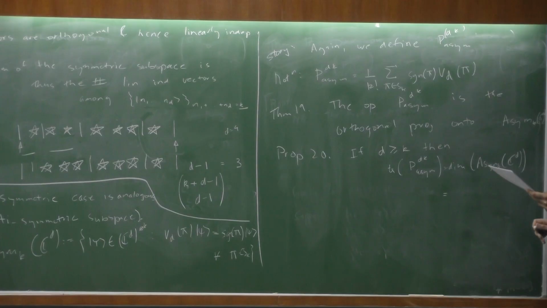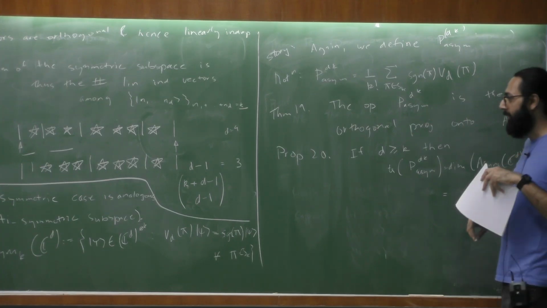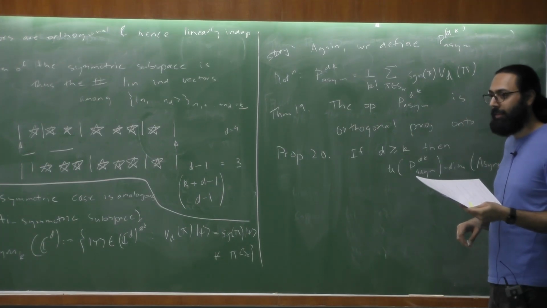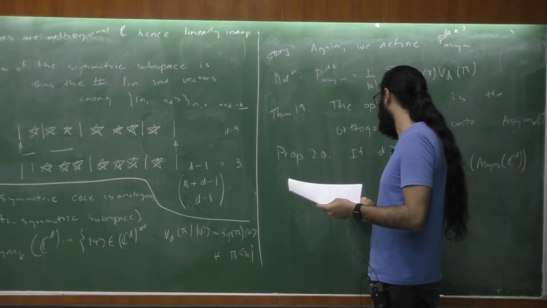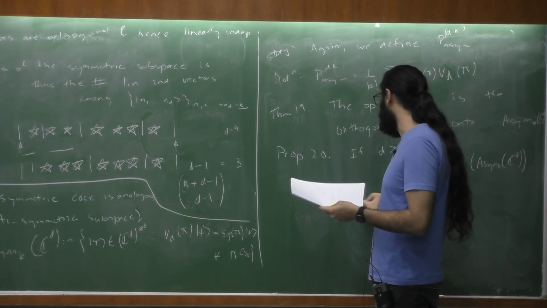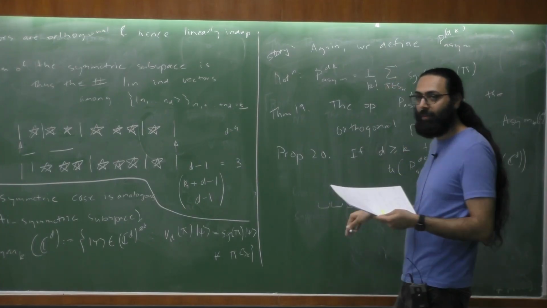It's much simpler actually. Because I think you just have lots of spaces, right? You have all of these spaces, and you just have to pick K of them.